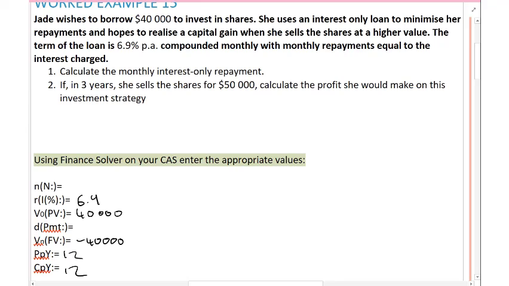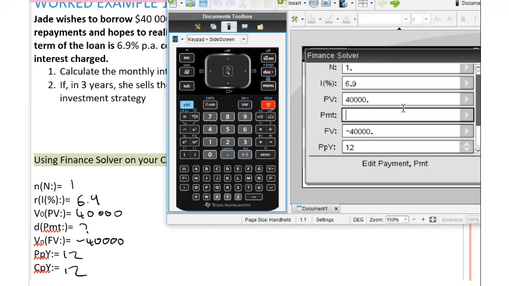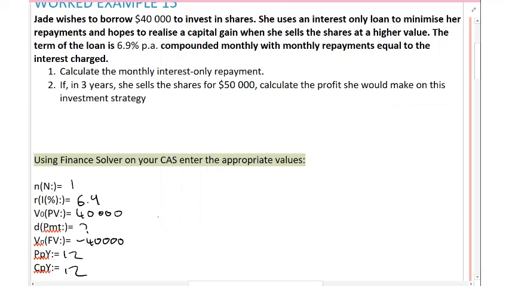Number of payments is 1, because it's what the monthly repayment is. So it's only 1 repayment. You're going to have lots more, but you're basing it on 1, and I'm after what their payment value would be. If I put that into the calculator, which you can see I've already done, I press enter. I get minus 230.